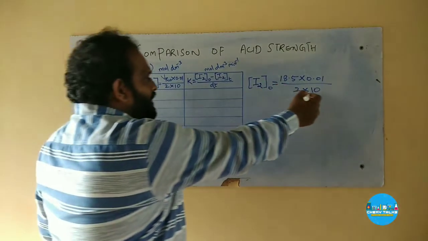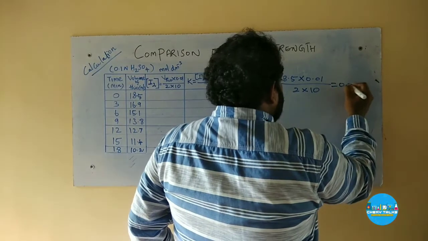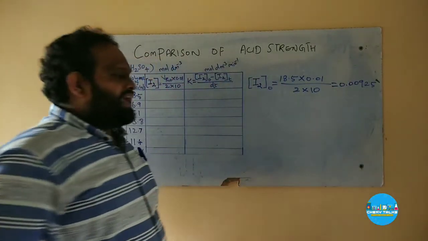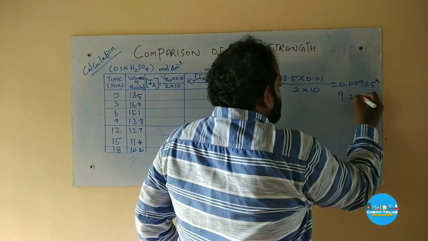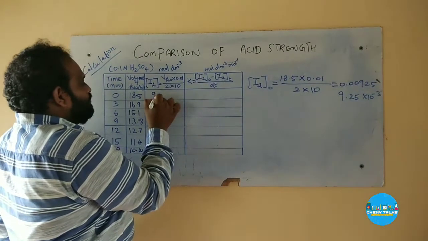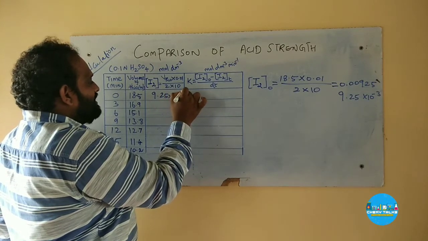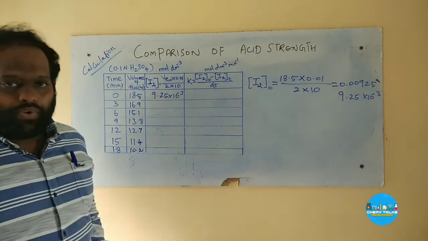We will get 0.00925, which simplifies to 9.25 into 10 power minus 3. So 9.25 into 10 power minus 3 is the initial concentration of iodine.